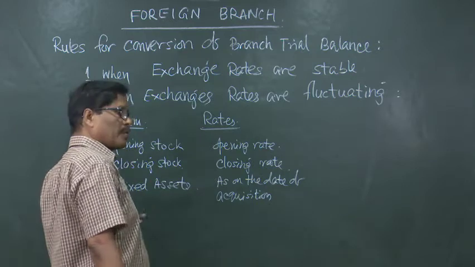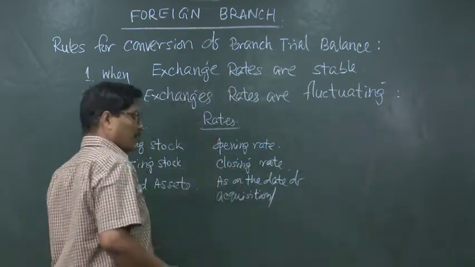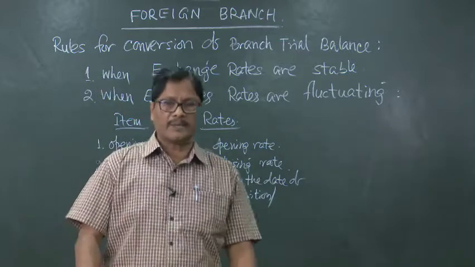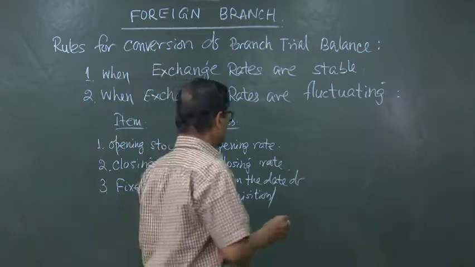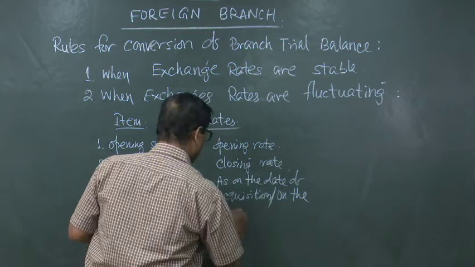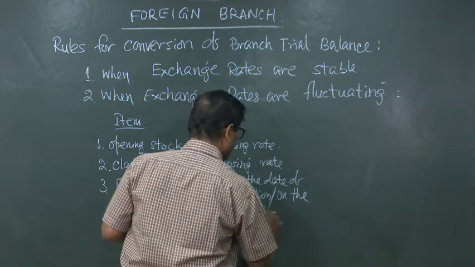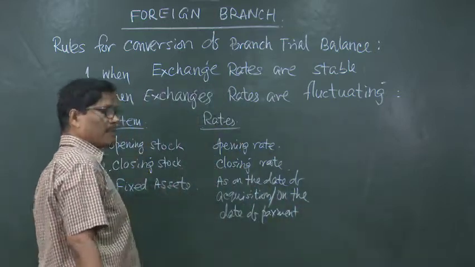That rate will be applicable to convert the fixed assets items. Or if the payment is not made on the same date, then on the date of payment, whatever rate was there, that will be applicable.